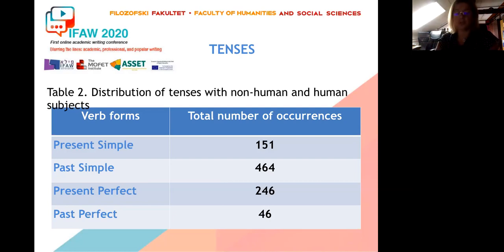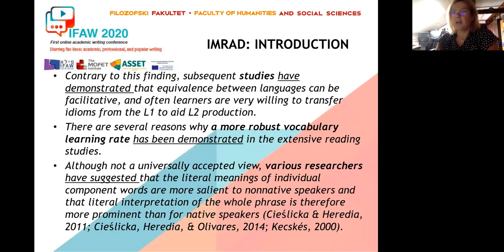And that's why we wanted to check how these structures combined with non-human nominal structures actually affect the rhetorical functions of particular sections in the IMRAD structure of the research paper. So I will show you a few examples across the particular sections in order to illustrate what our results and particular findings are.